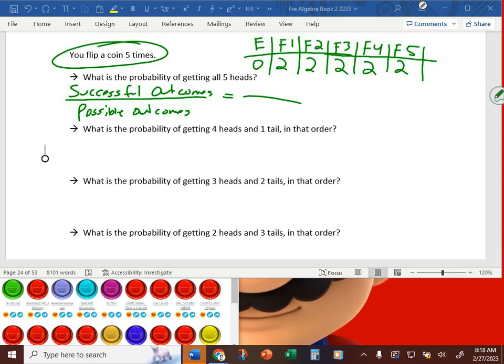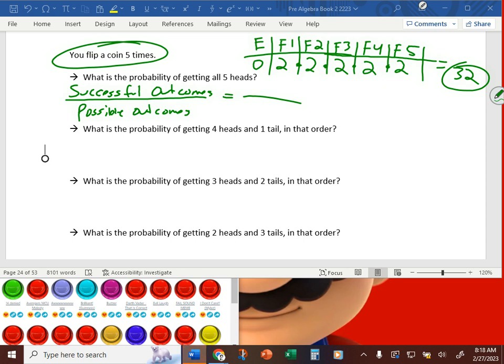Gregory? It's 32. We have to multiply them. Okay, we multiply them. 2 times 2 times 2 times 2 times 2. There are 32 total outcomes from flipping a coin 5 times. Okay, 32 total.